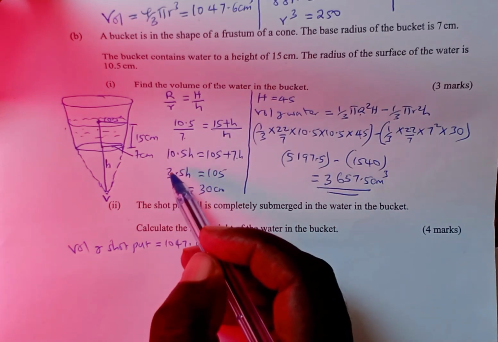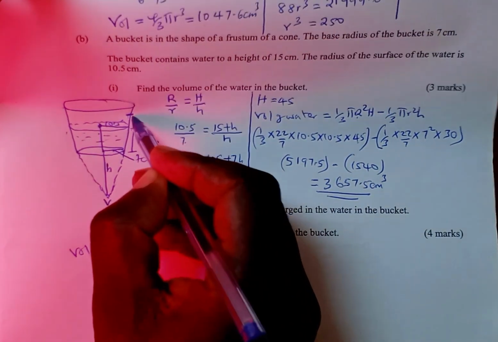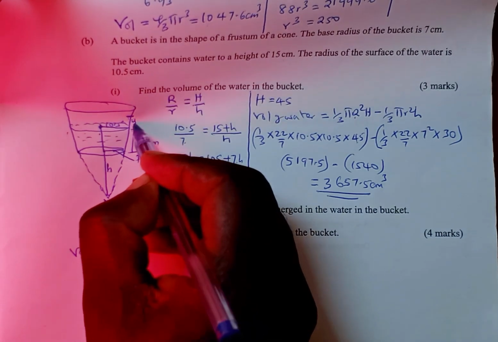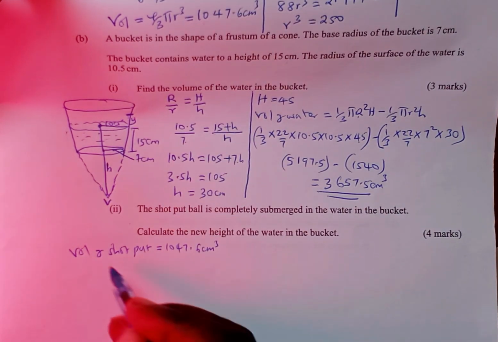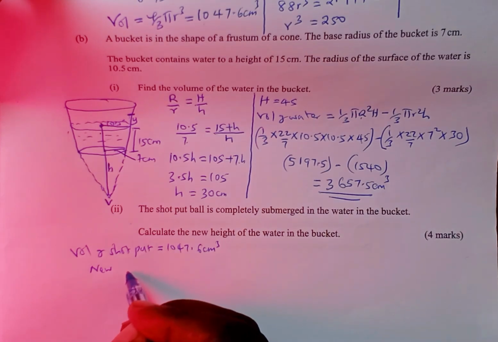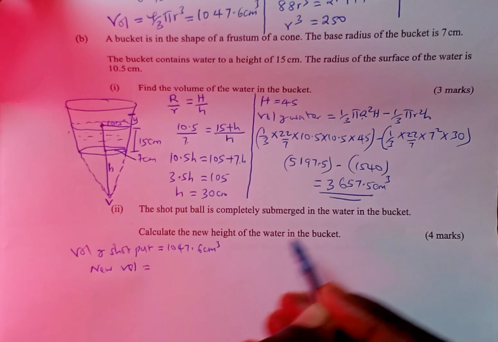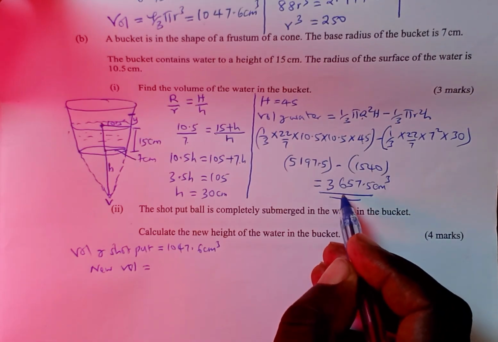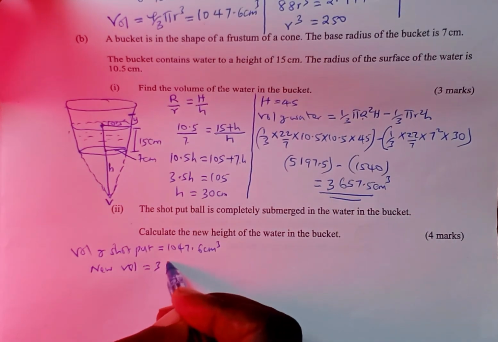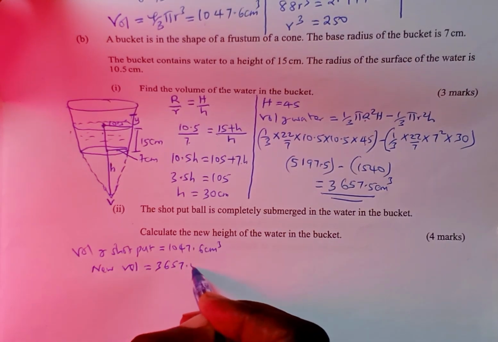We are going now to assume that the water is going to rise a bit by a height of, for example, y. In this case, to get the new volume first, we are going to take the volume of the water in the bucket, which is 3657.5.